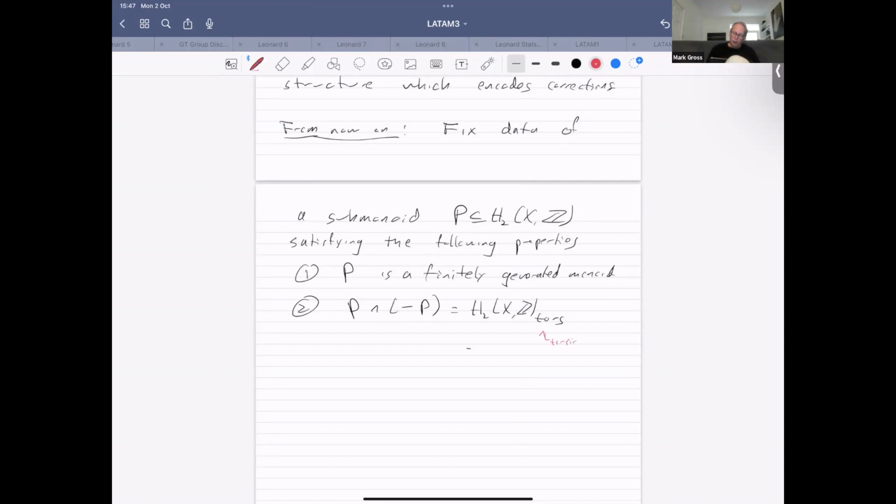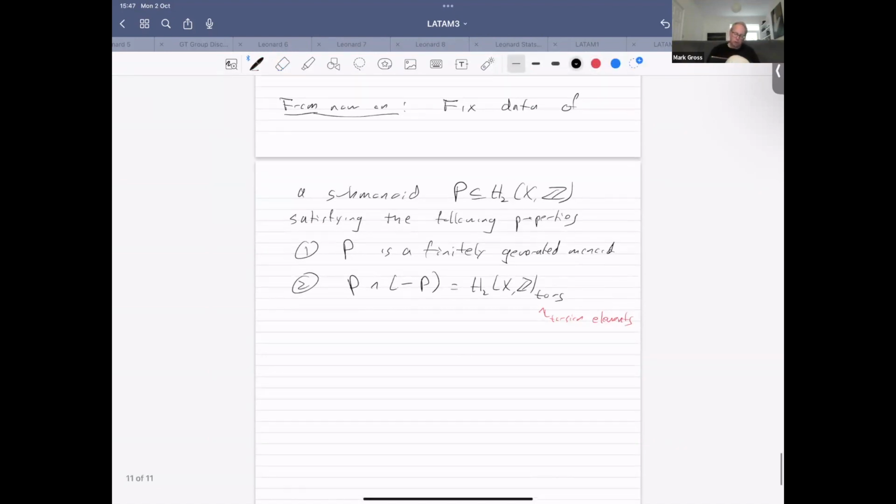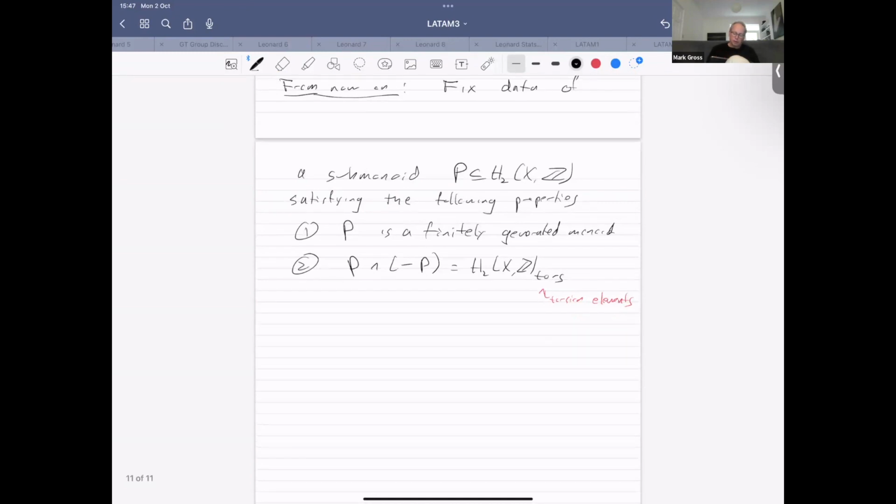Very few examples actually have torsion. Occasionally, torsion does play an important role in some of the string theory, so worth mentioning that this will come in, but generally just assume there's no torsion or divide out by torsion. Third condition is I want P to be saturated. What does that mean?